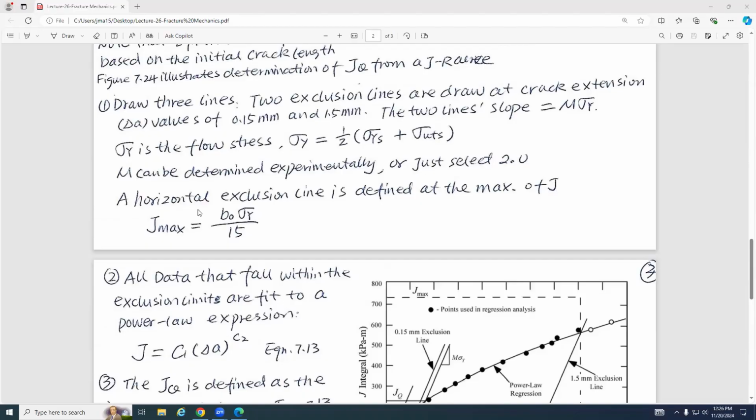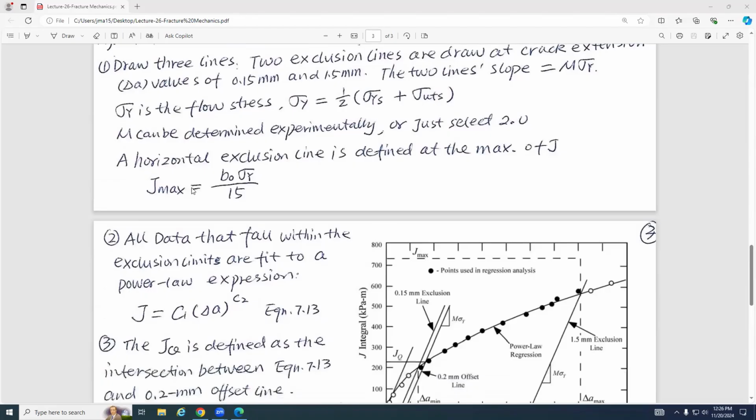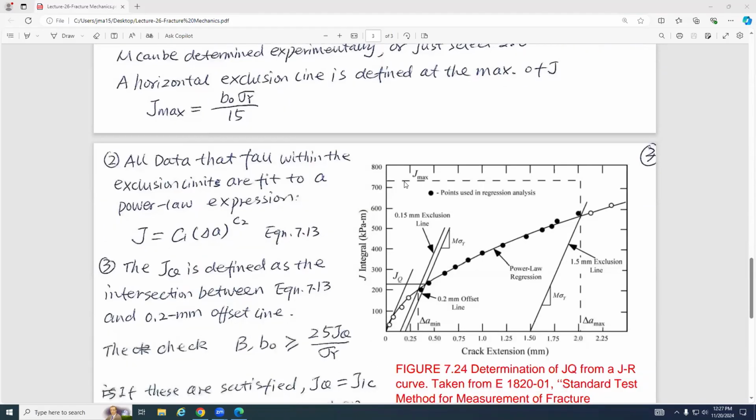And there is a horizontal exclusion line, J max, which equals B0 times sigma y divided by 15, where B0 is the initial ligament length, equal to W minus a0, the initial crack length. So use J max and get this line. You have this line, and you have this line, and then you have J max.